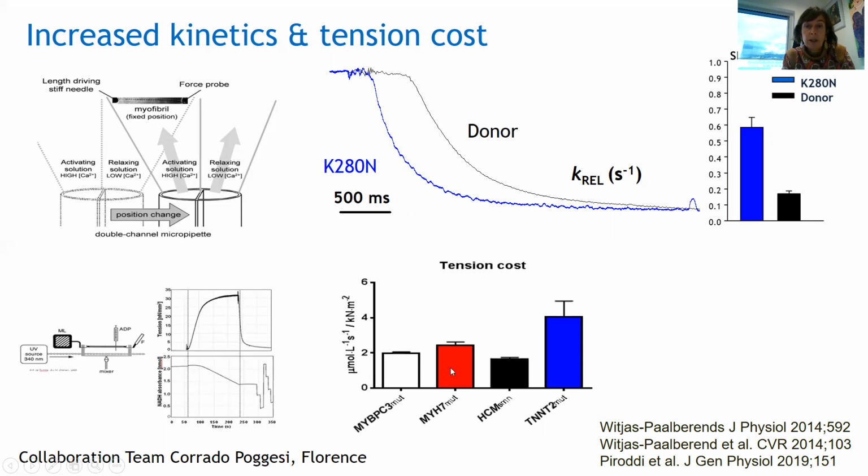And for all cardiac samples which we've studied, carrying a myosin binding protein C mutation, a myosin heavy chain mutation, or a troponin T mutation, they all show a higher tension cost compared to samples where there's no mutation. So the control group here is the sarcomere mutation negative group. So there's more ATP consumption if there is a sarcomere mutation present in the myofilaments.